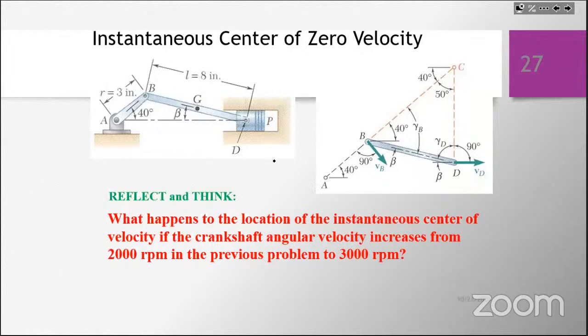All right, what happens to the location of the instantaneous center of the velocity if the crankshaft angular velocity increases from 2,000 to 3,000 RPM? What if this starts to spin faster? What happens to the instantaneous center?